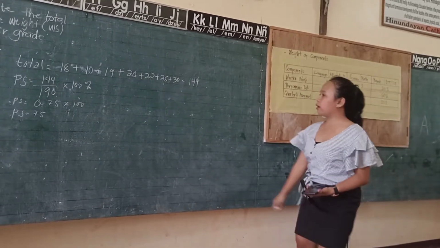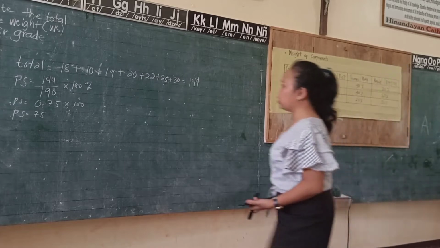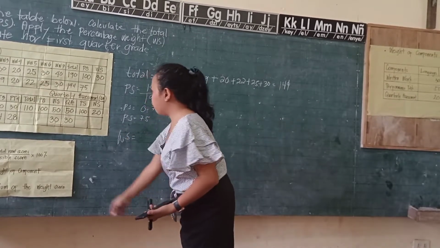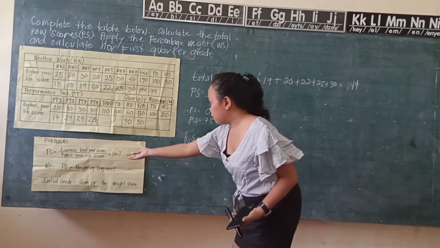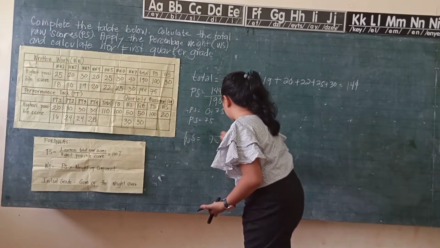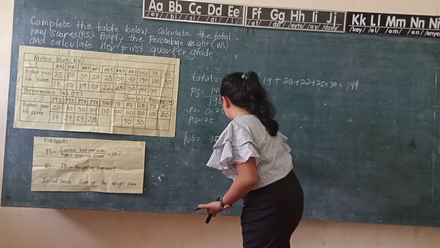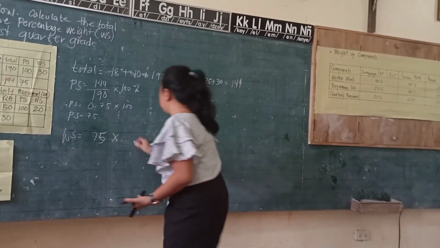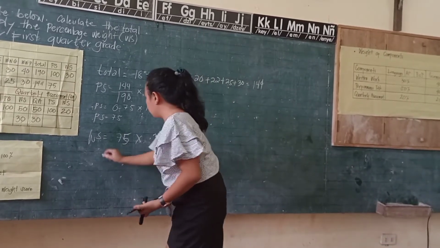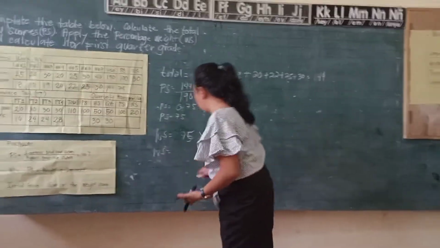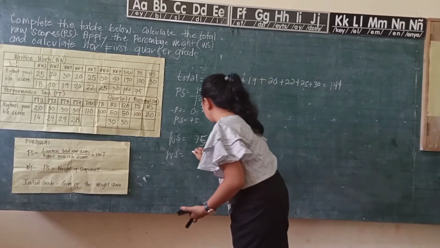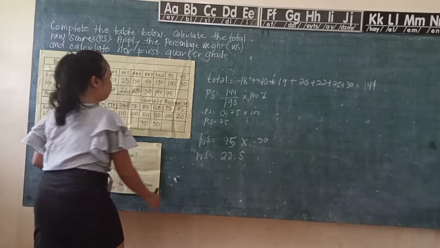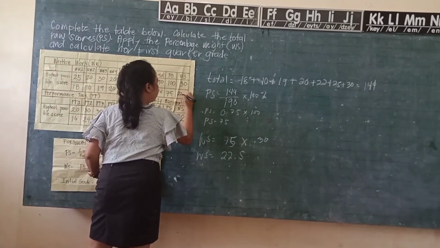So for the written work, WS equals the PS, which is 75, times the written work weight component, 30% or 0.30. Weighted score is equal to 22.5. So here it is, 22.5.